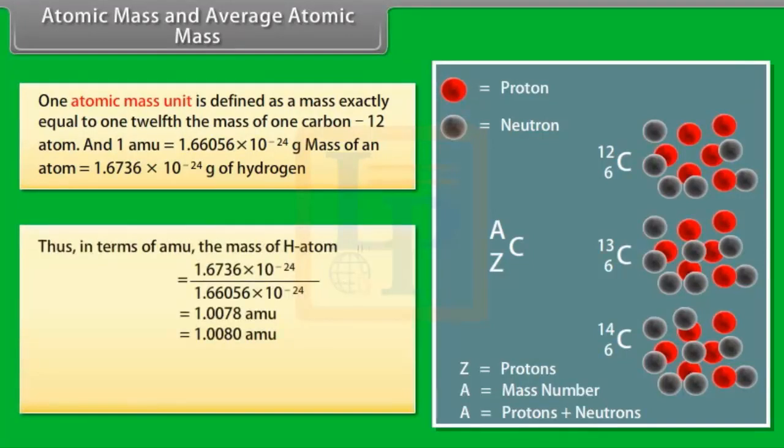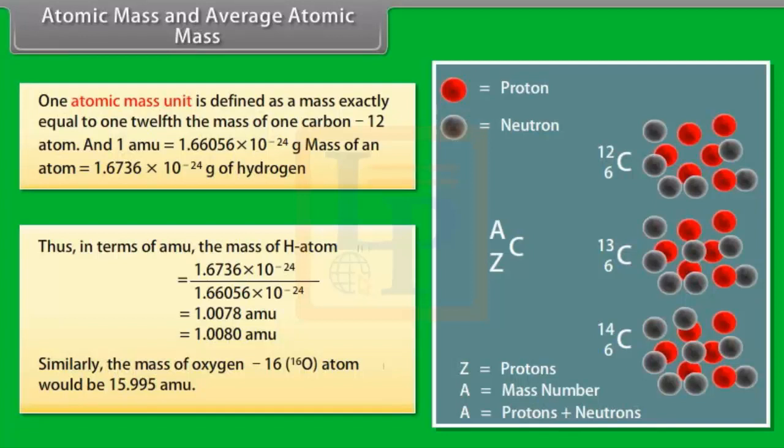Thus, in terms of AMU, the mass of an H atom is equal to 1.6736 × 10^-24 upon 1.66056 × 10^-24, which is equal to 1.0078 AMU, or approximately 1.0080 AMU.